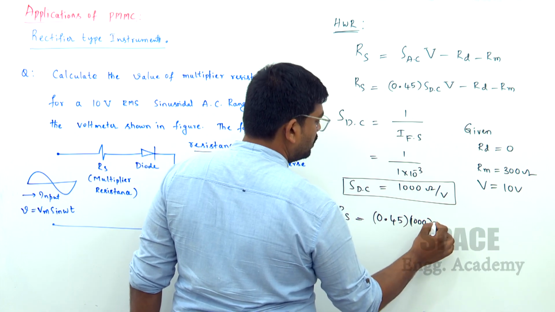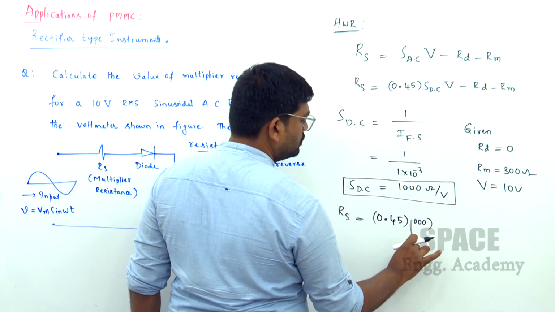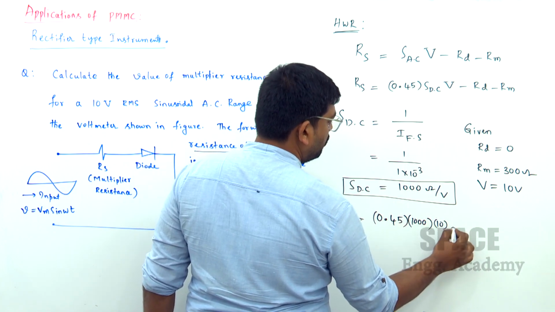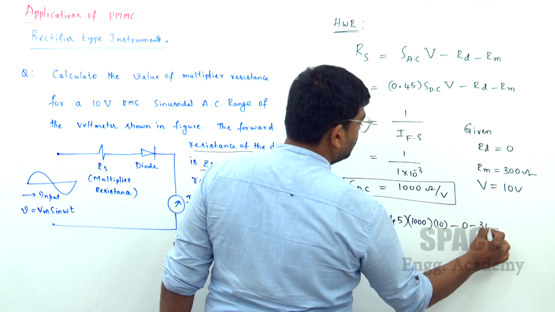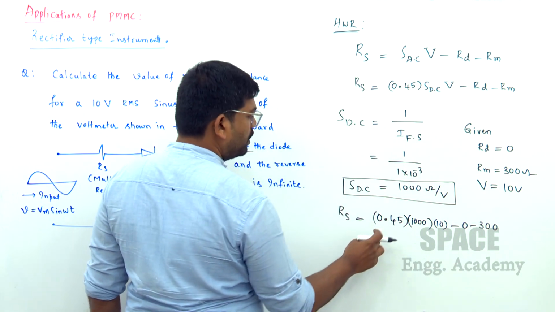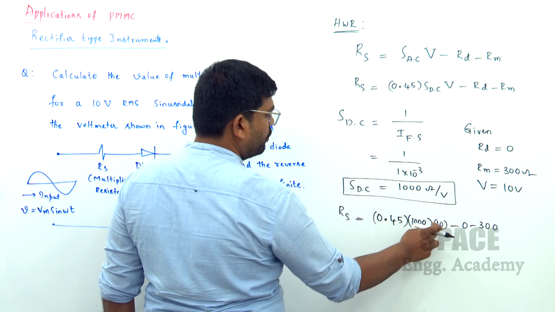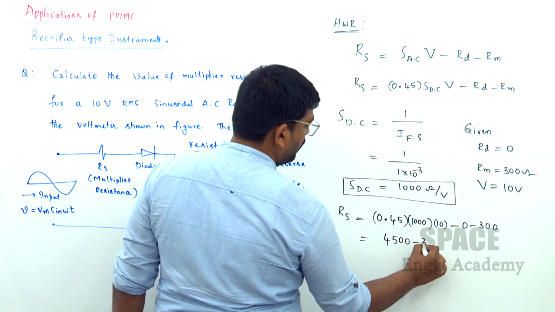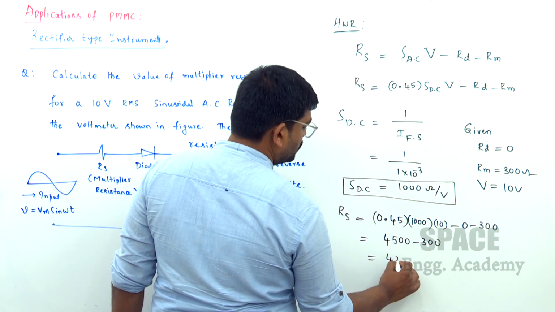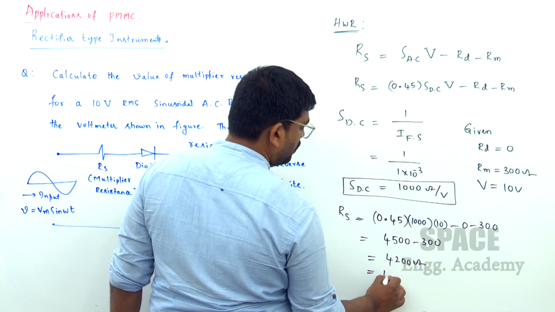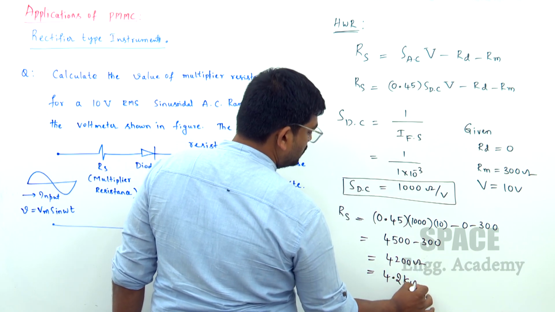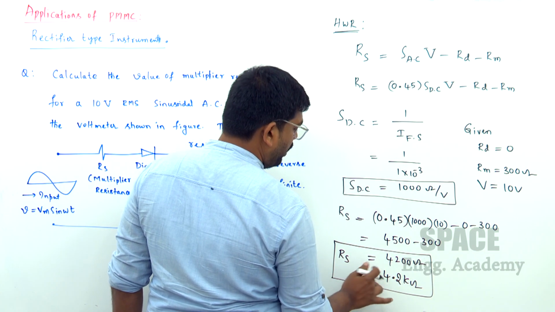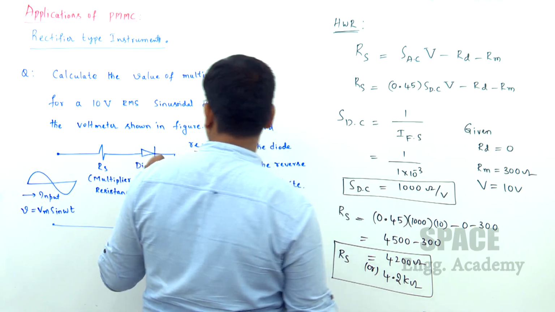So multiply with 10, minus RD is 0, RM is given 300. Now 0.45 into 1000 is 450, into 10, so we get 4500 minus 300. So we get 4200 ohms or 4.2 kilo ohms. This is the multiplier resistance required to observe this reading.